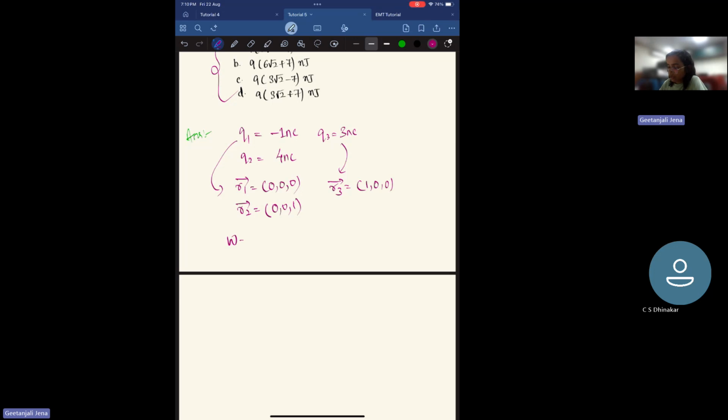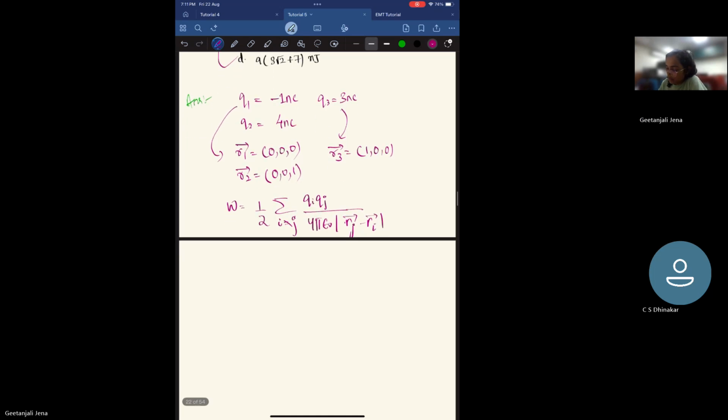So the work done, or the electrostatic potential energy, if you recall, is given as half of the summation over i not equal to j of Qi Qj over 4 pi epsilon naught mod of Rj minus Ri.